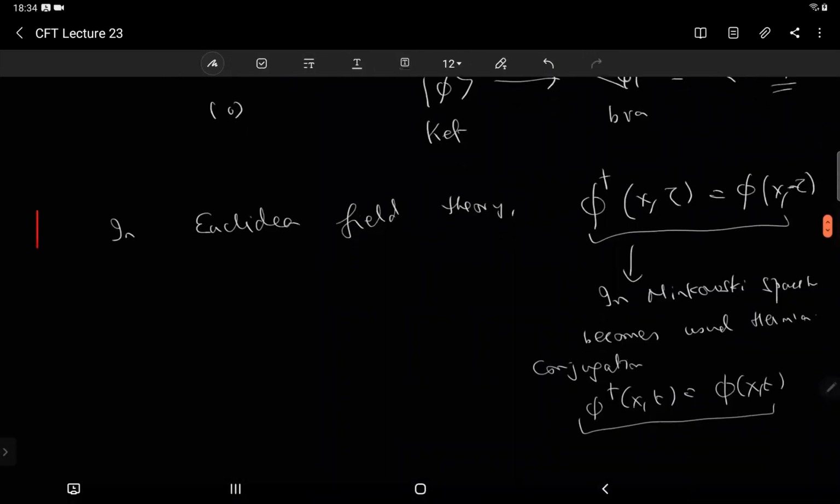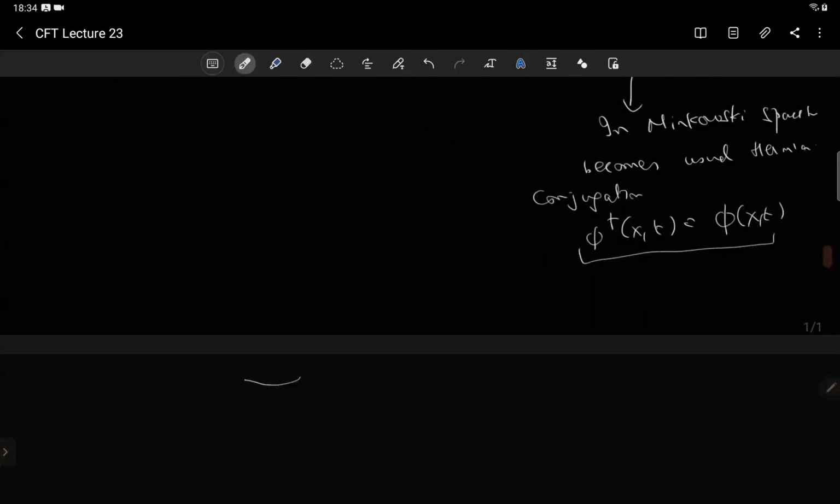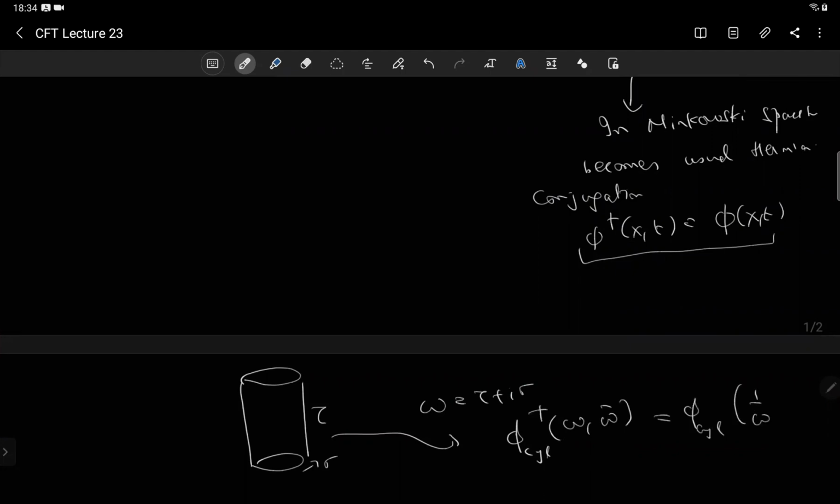And then we said that if you do this quantization on the cylinder, where you have a tau here and this is your sigma, and omega is tau plus i sigma, then any field here phi, which we call phi cylinder omega bar, the dagger of that will be phi cylinder minus omega bar, minus omega.